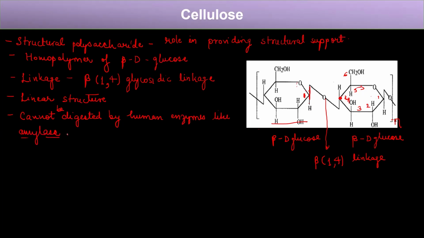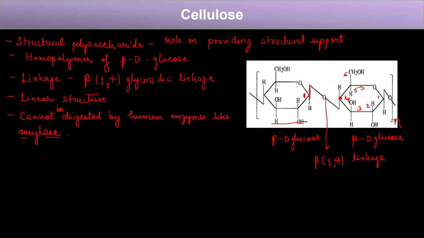If you remember, amylase is used to digest starch. The only difference between starch and cellulose is that starch is made up of alpha D glucose, while cellulose is made up of beta D glucose. Still, none of the human enzymes, including amylase, can digest cellulose.